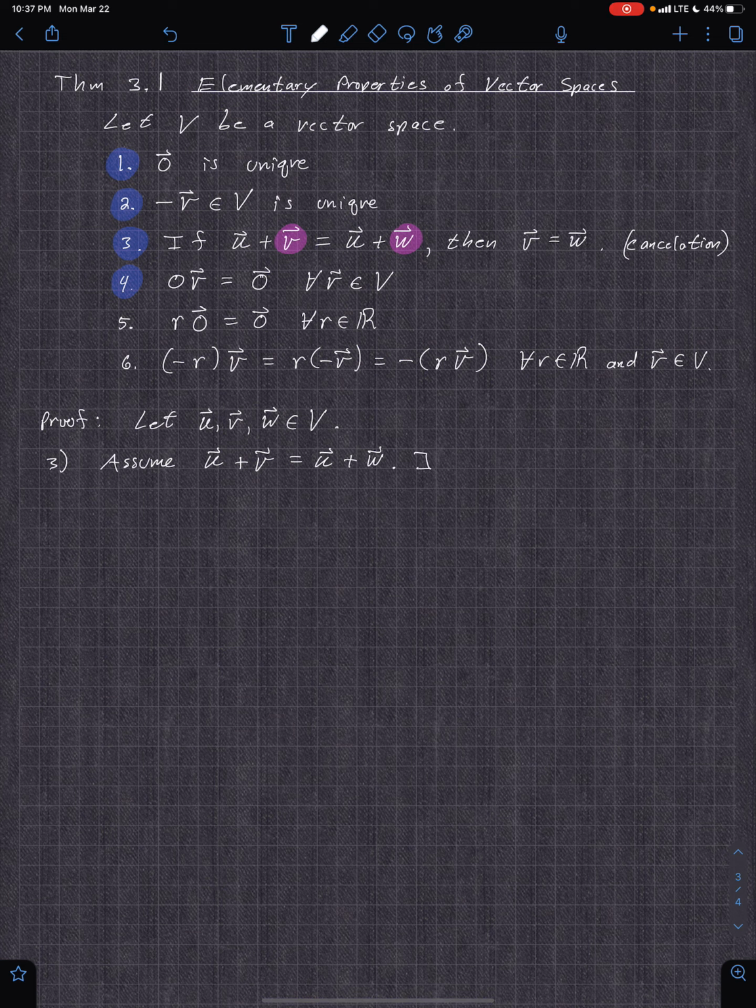There exists X in V such that U plus X is equal to 0. So that's the existence of additive inverse. I'll write that down. So by the existence of the additive inverse.